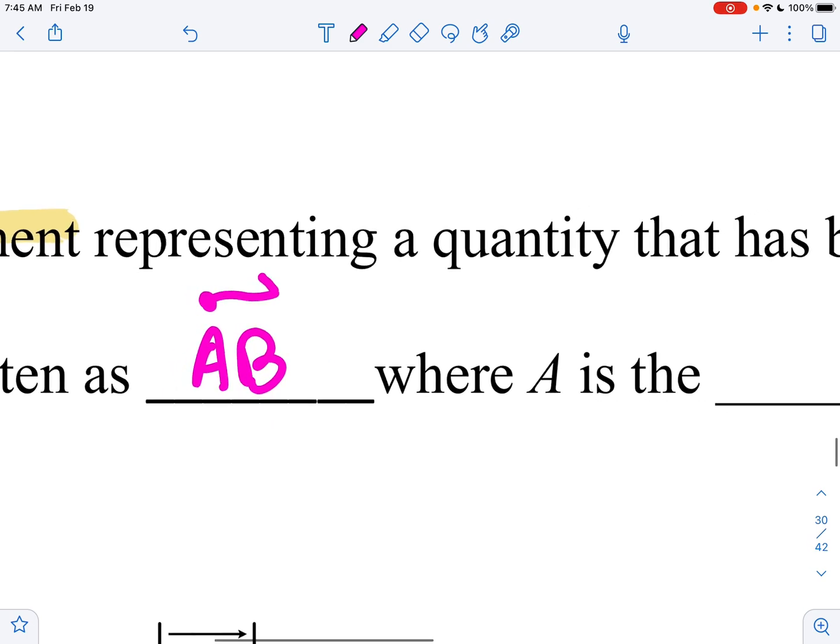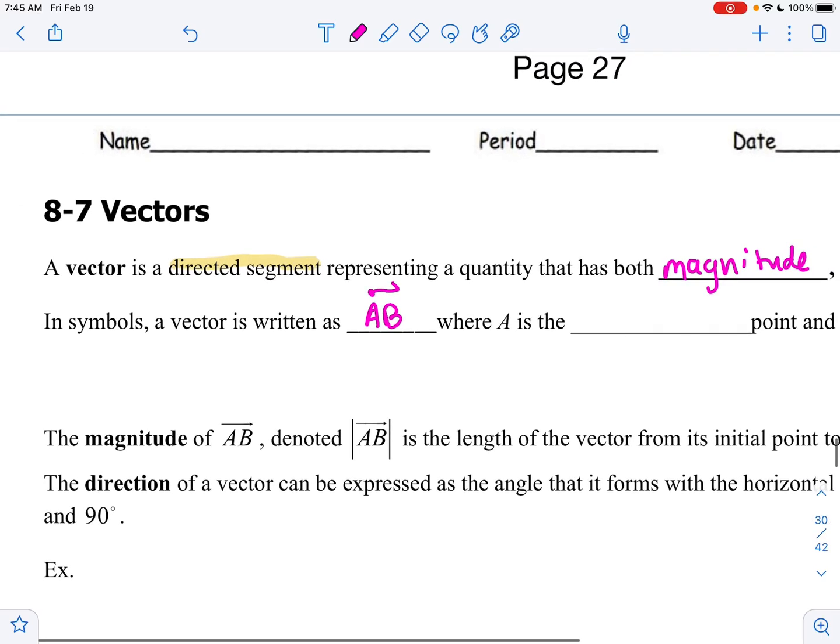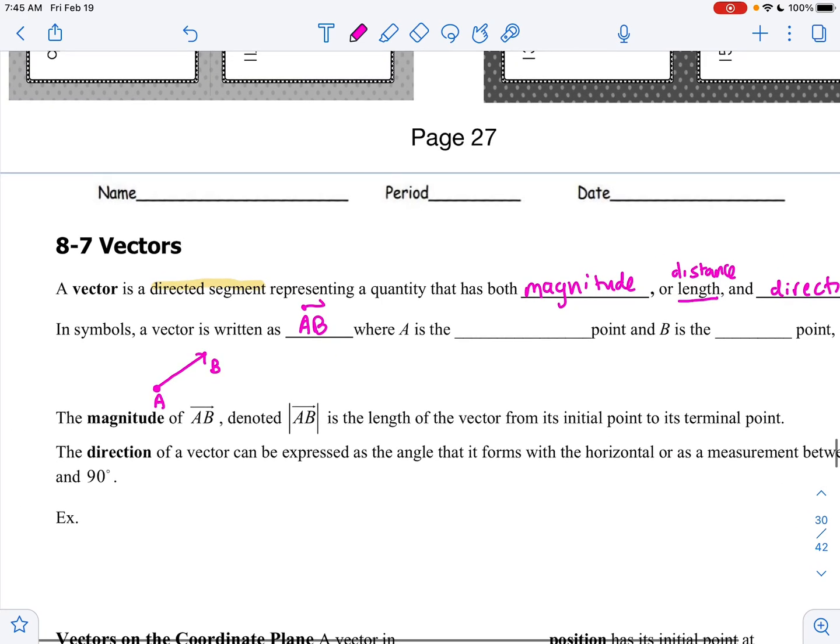So this is vector AB, and let me draw for you vector AB. The first point that I'm drawing is what we call the initial point. So this is A, pointing in a specific direction, and then the end of that ray is going to be what we call the terminal point. So A is the initial point and B is the terminal point.